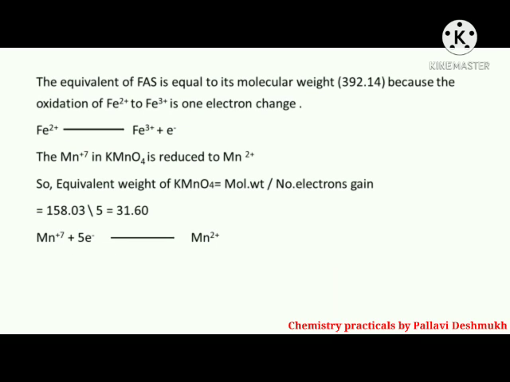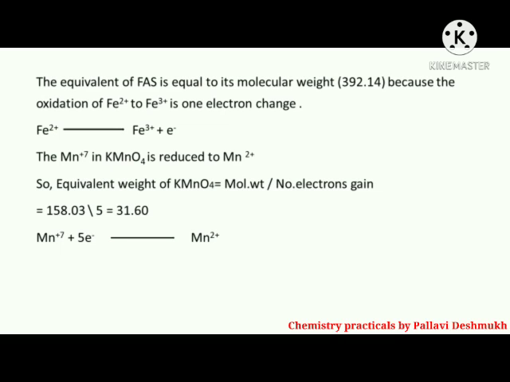The molecular weight of the ferrous ammonium sulfate is 392.14 and the equivalent weight can be calculated by using the formula, that is molecular weight divided by number of electron loss or gain. In this reaction there is a change of only one electron, that is Fe dipositive ion is converted into Fe tripositive ion.